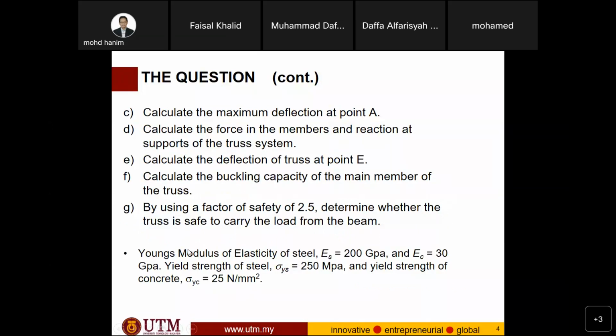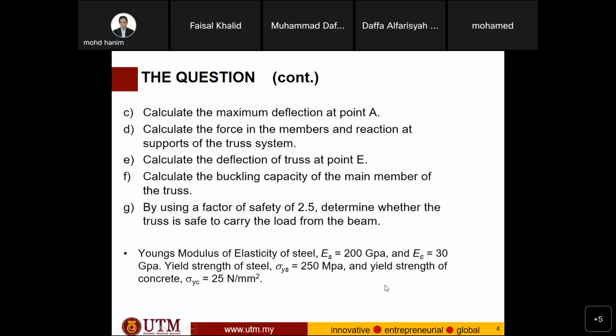And it is given here, Young's modulus of elasticity, E of steel 200 and E of concrete 30. This is for concrete, this one for steel, and yield strength of steel 250 MPa, and yield strength of concrete 25. About this yield strength, as civil engineers, we have at least to know approximately the yield strength of a few engineering materials.